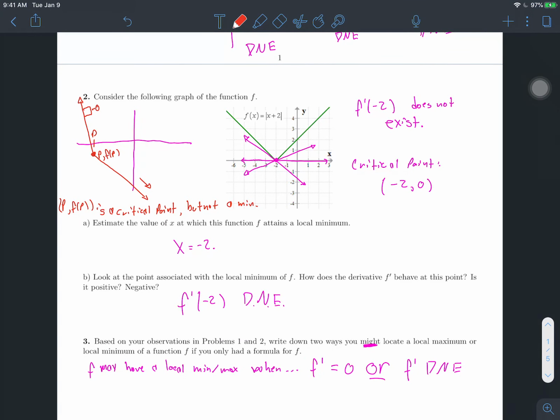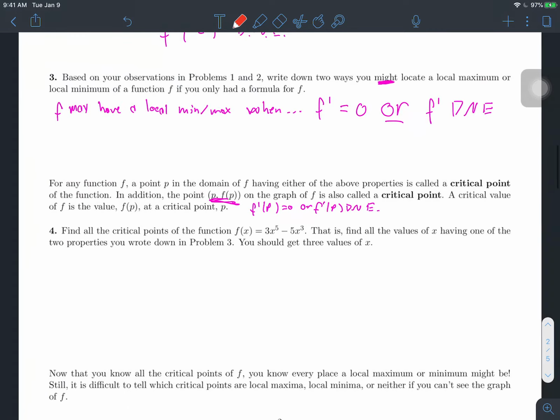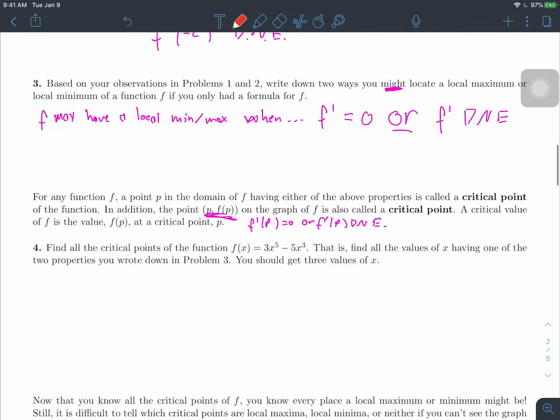Yes? Do you mind going back to the definition? Yeah, sure. Yes, so having either of the above properties, being f prime equal to 0 or f prime does not exist, we call that point a critical point of the function.